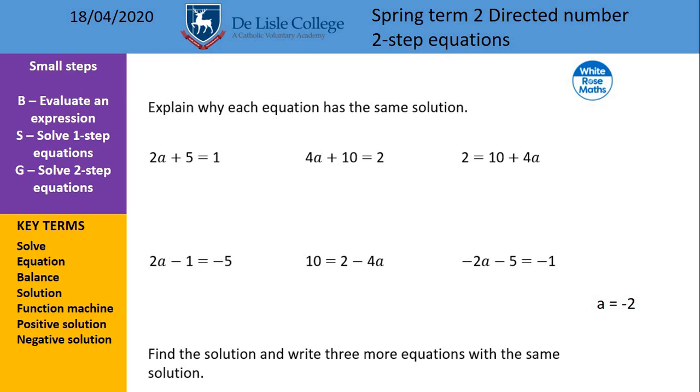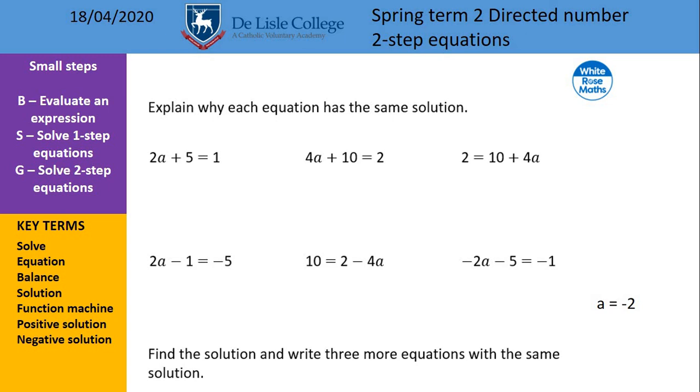Okay, then on the ones below, 2a minus 1 equals minus 5. What we have done there is a little bit of rearranging. If we think of our bar model, on the top is an a and a 5, and that all totals a bar underneath that would be exactly the same width, equals 1.